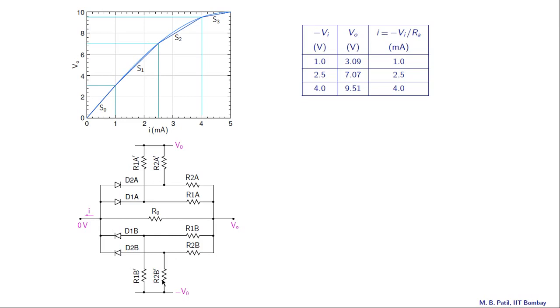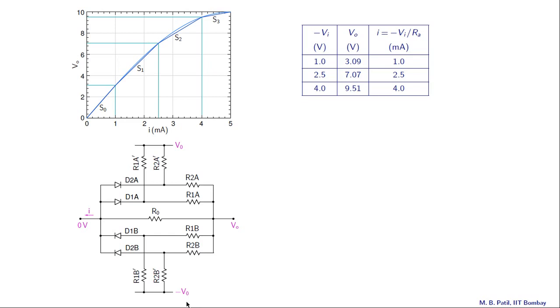So we will also need to get R3 and R3 prime. And we will assume that these diodes turn on at 0.7 volts. We will take this V0 as 15 volts. So this minus V0 would be minus 15 volts.